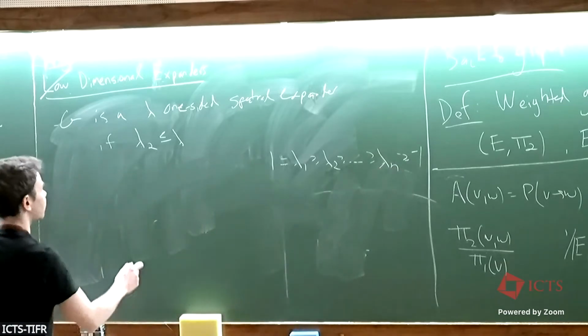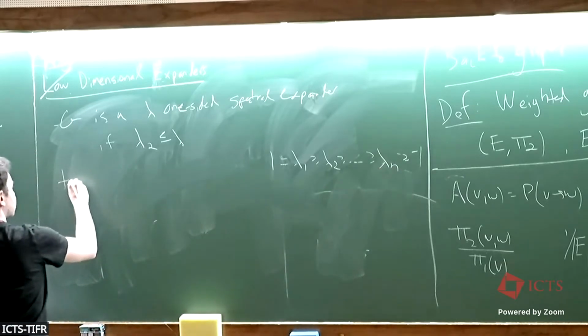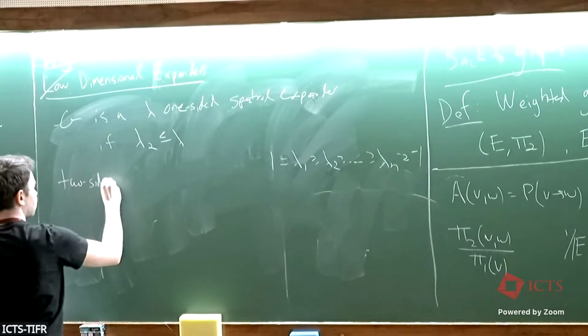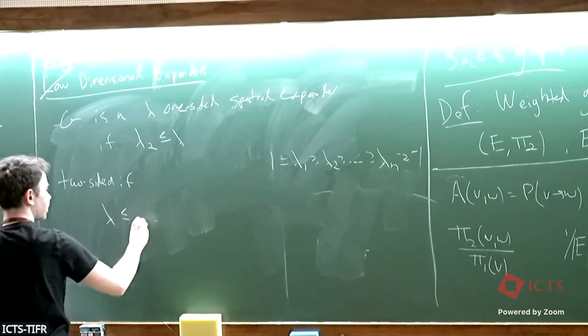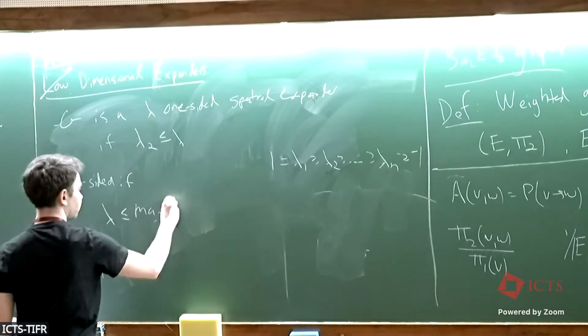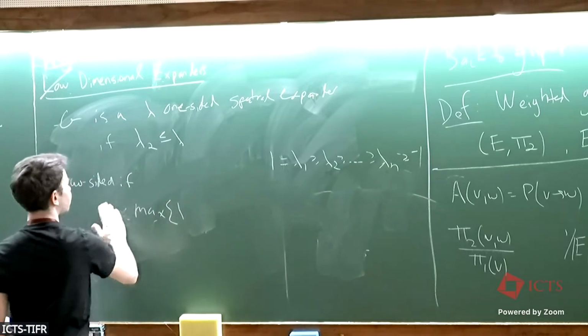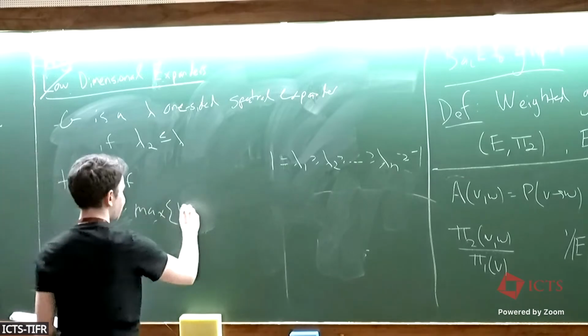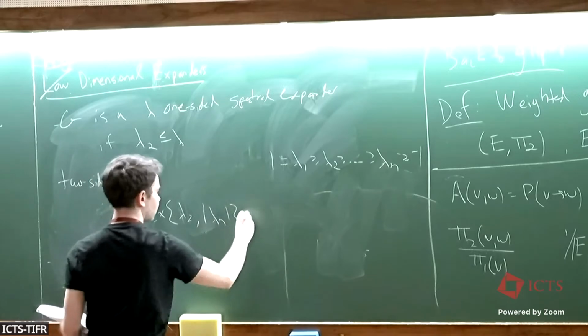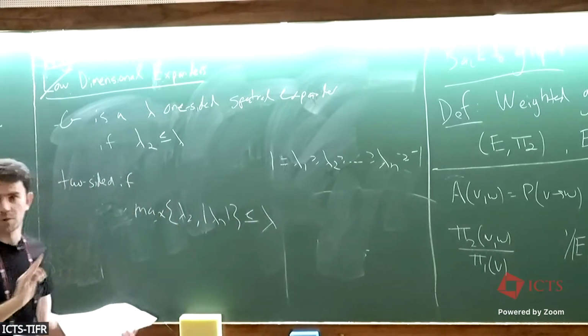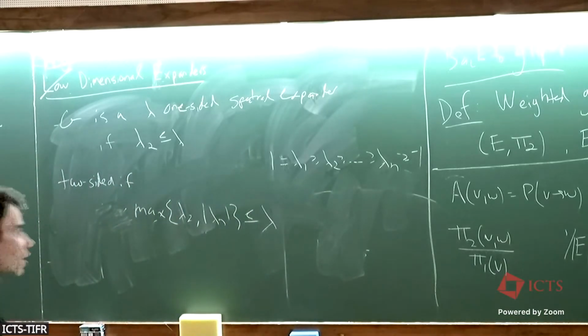The maximum of lambda 2 and the absolute value of lambda n is less than or equal to lambda. Okay, so we have our full definition of spectral expansion for weighted graphs.